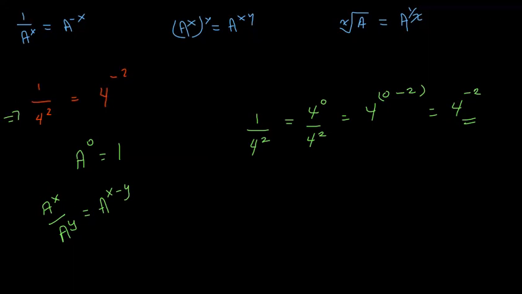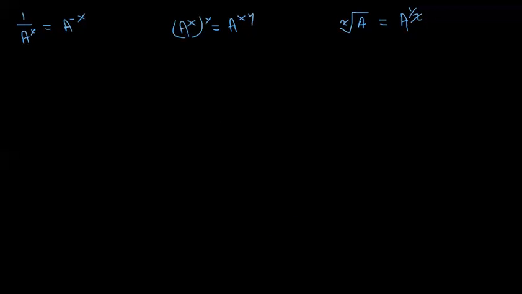Another example: if I had 1 over 2 to the 5th power, this is the same thing as 2 to the minus 5. So how about this? How about if I had, let's say, 2 over 3 cubed?